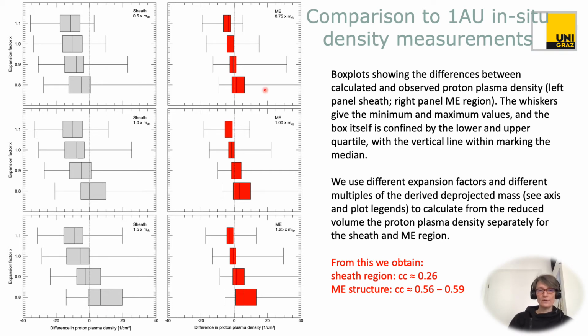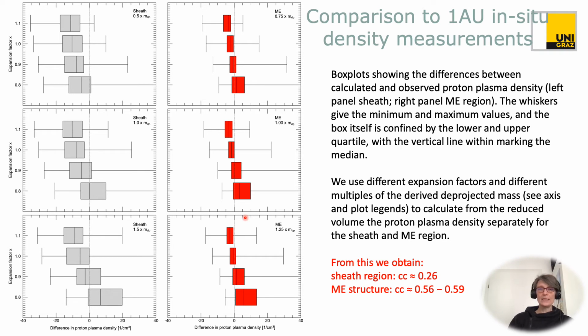On the other hand, for the magnetic ejecta region, we assume here 75% of the observed deprojected mass at 15 solar radii, so that would mean a mass loss of roughly 25%. That is, the mass stays constant in the flux rope, and there is a mass increase of about 25% in interplanetary space.